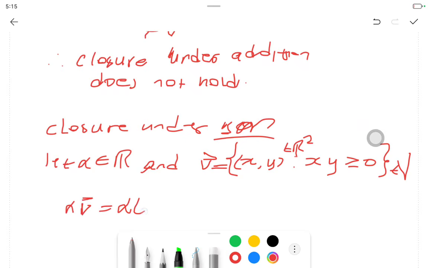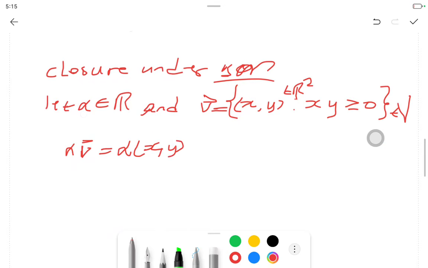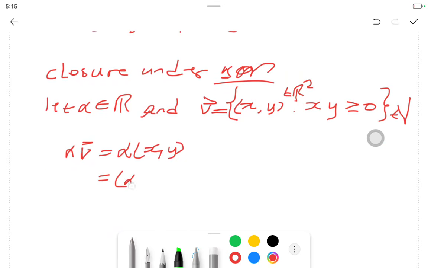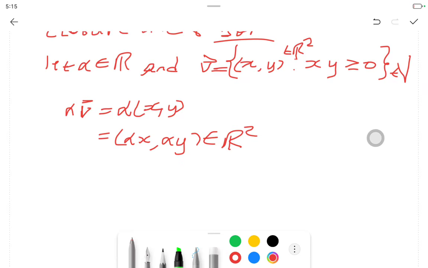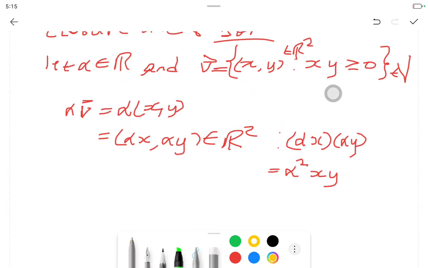This will be alpha times xy, which will be alpha x, alpha y. Then we check this. We know that it's an element of R squared. But is this greater or equal to 0? Let's check that. This will be equal to alpha squared xy, and this was defined to be greater or equal to 0.